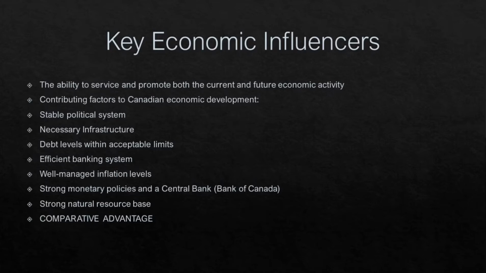And of course, the central bank, the Bank of Canada, is the responsible entity for such monetary policies. That's why we have a strong, fair, equitable legal system. We try to minimize corruption, whether in the public or the private sector.